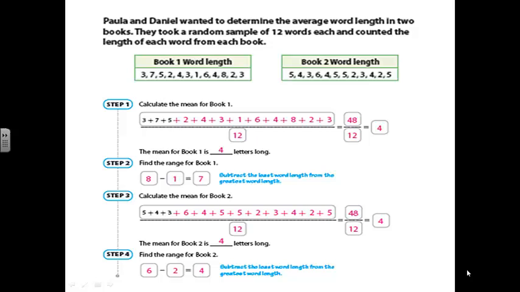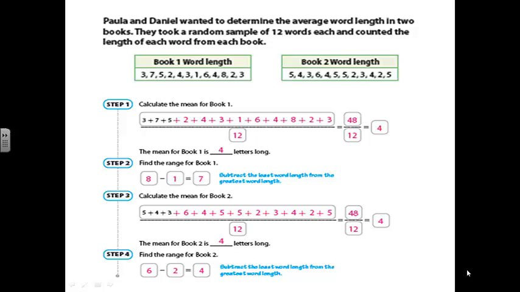They took a random sample of 12 words each and counted the length of each word from each book. So in book 1, there's a box there that represents all of the word lengths. And in book 2, we've got the word lengths in the second box.